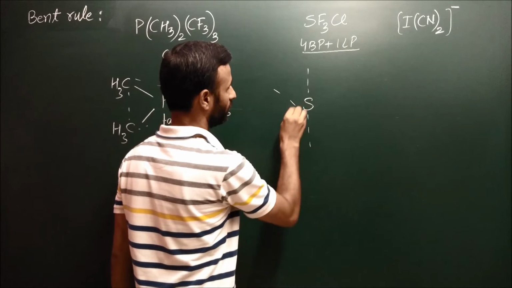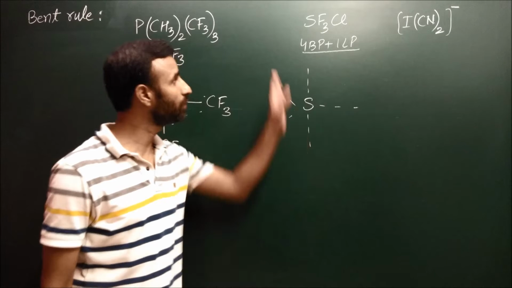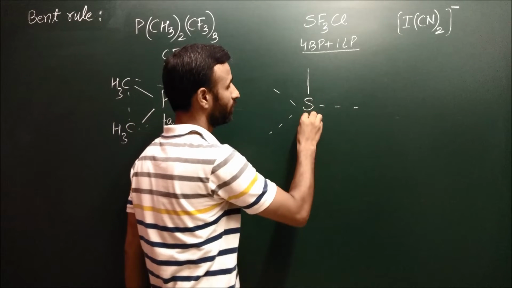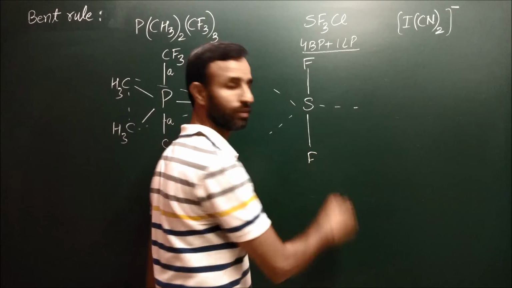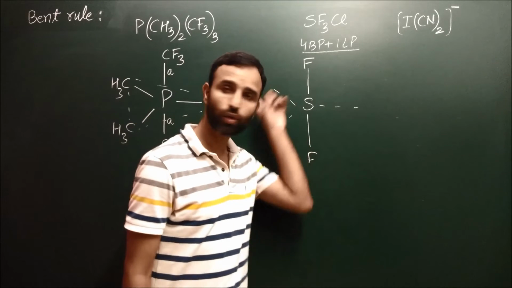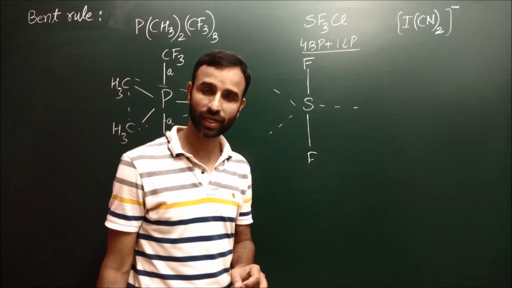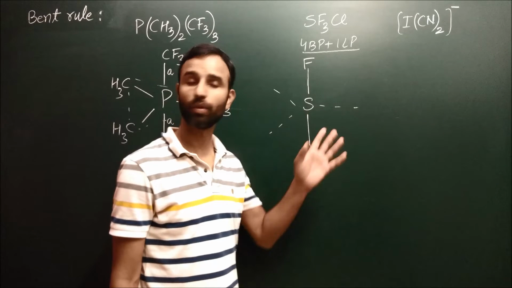These are the positions. So out of these positions, axial positions are occupied by more electronegative atoms, and equatorial positions are occupied by less electronegative, electropositive or lone pair.